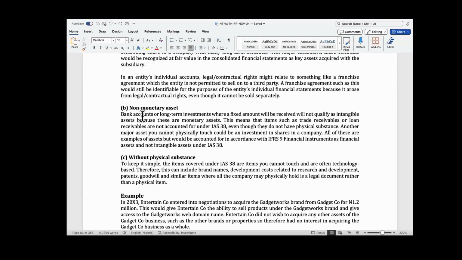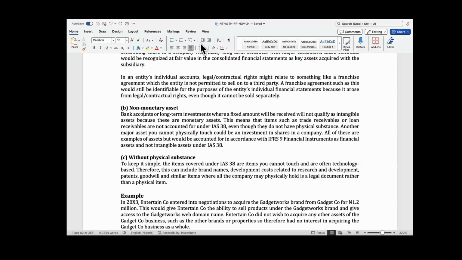Even though, when you look at bank or cash, it's not something you can go and see anywhere, or investments. They are intangible in the real sense of it, or probably trade receivables. They are intangible, but they do not qualify under IAS 38 because these items are monetary.